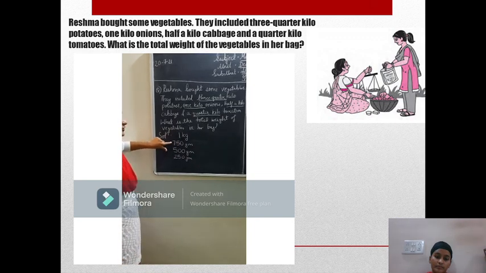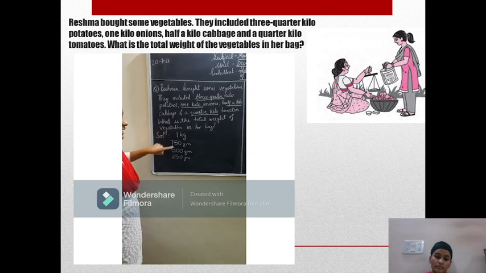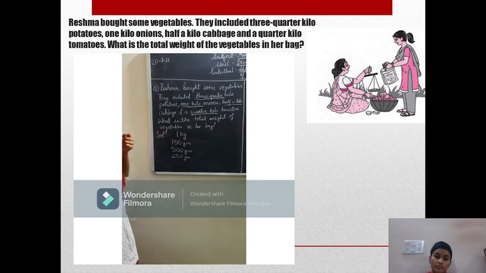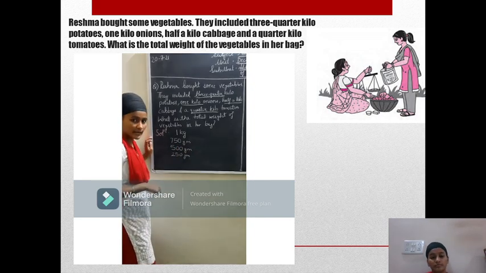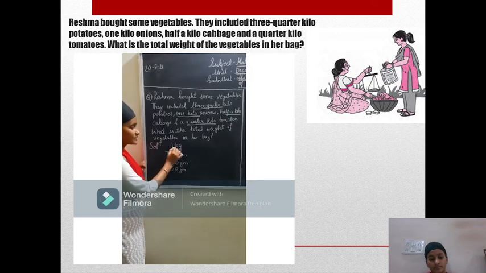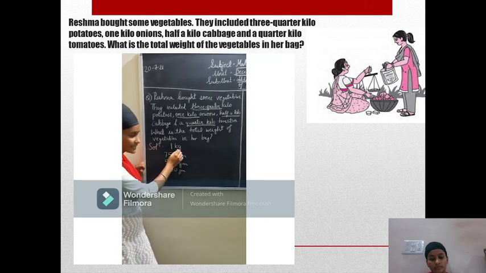How much is 750 gram? 3/4 kilo. How much is 500 gram? Half a kilo. And 250 gram is quarter kilo. Now, what you have to do is, you can divide this by 1000 and write the answer here itself in kilos. So, this is 1 kg, you don't have to divide it, it is already in kgs.